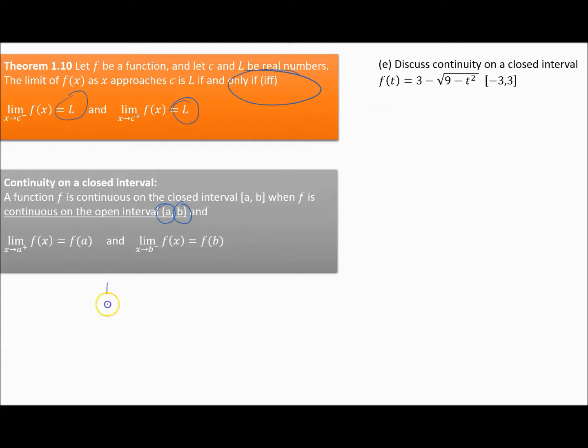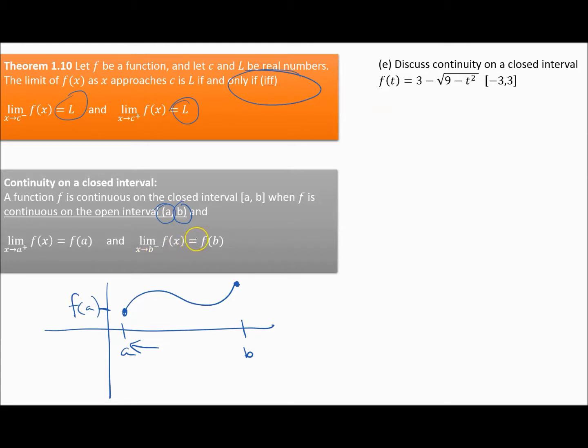Now, if you see this in action, here's an xy axis and a continuous function, that's continuous, you agree, here's a and here's b. What they're saying is you can include these endpoints for continuity as long as, now watch this one on the left, if you approach a from the right, getting closer and closer to a from the right, the limit value is the same as the function value.